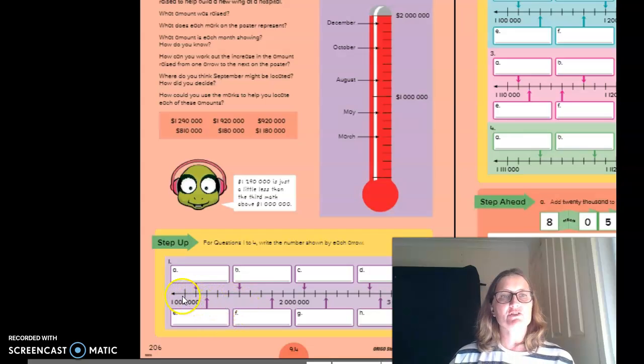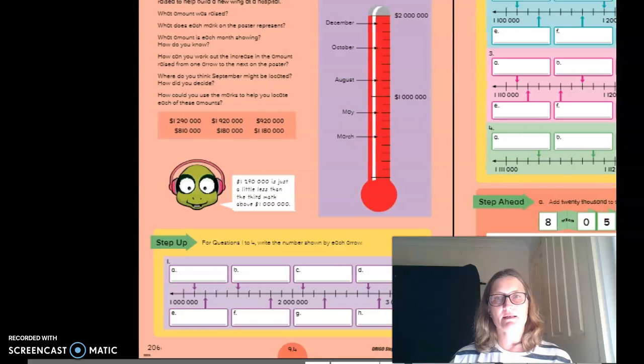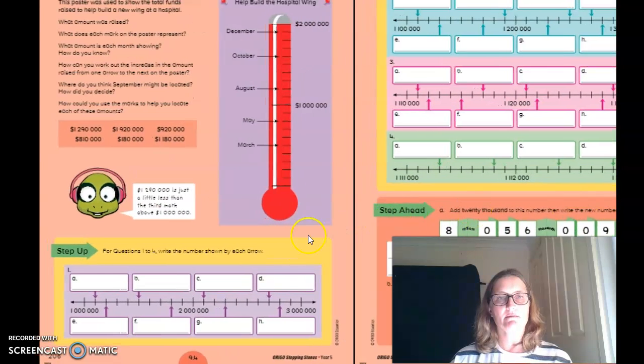Now, I encourage you to work out how many jumps there are in the first place between each of the spots and then go from there. Work out how many spaces are between each and go from there. I'll do the first one for you, and then I'd like you to go ahead and do it.